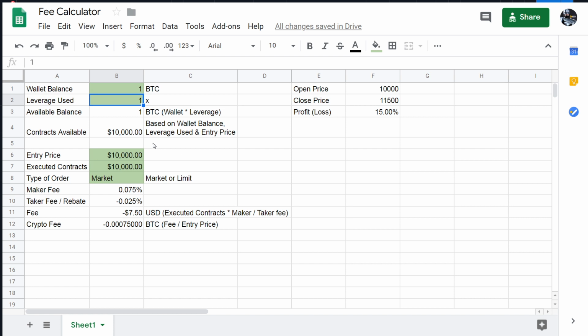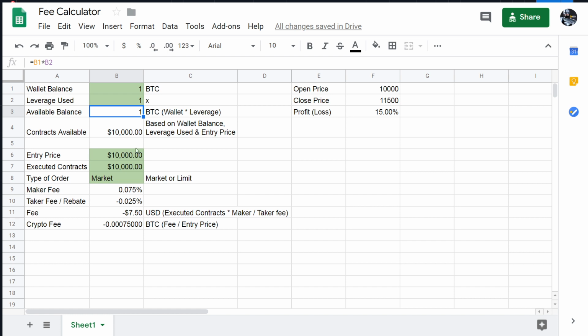But essentially, when you're using one Bitcoin in your wallet and you're using 1x leverage, your available balance is one Bitcoin. You can trade with one Bitcoin, which is basically your wallet times your leverage. That's how much you have available to trade. Wallet times leverage is your available balance.